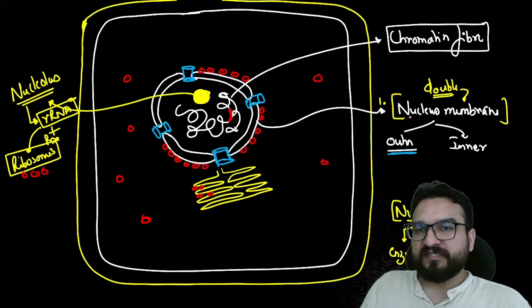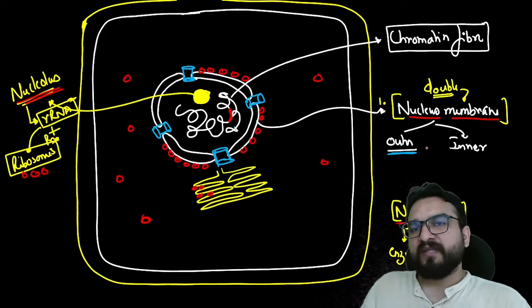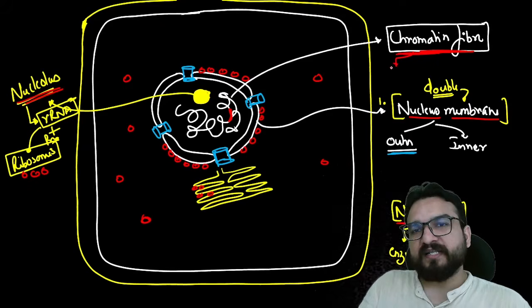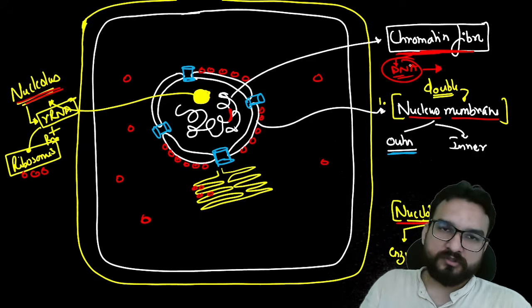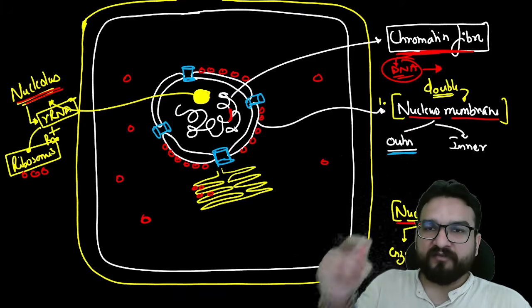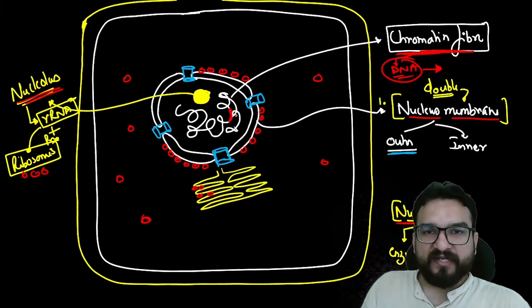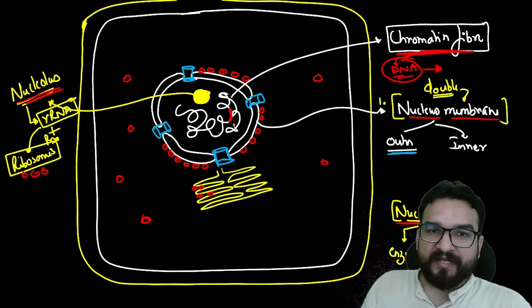Right now you just see that the structure of nucleus contains a nucleus membrane, nucleolus, nucleoplasm, and this chromatin fiber. And this chromatin fiber contains your DNA, the important genetic material which contains our codes. Even if I don't know you, I can create you by the fragment of this DNA. Its job is containing the code, and that code will be taken up by mRNA.